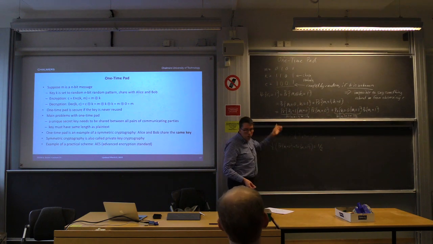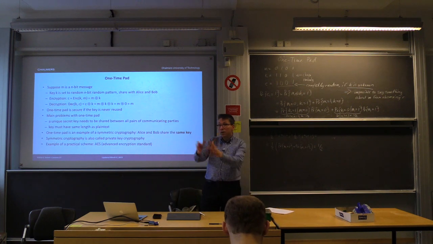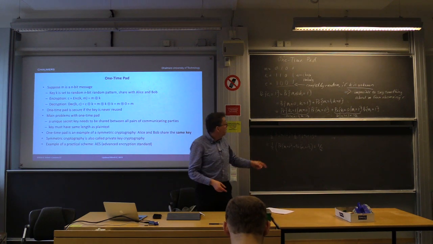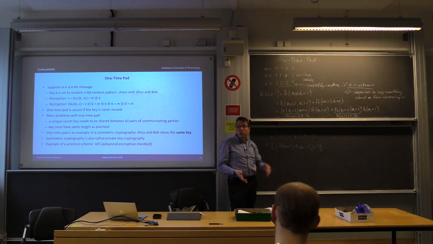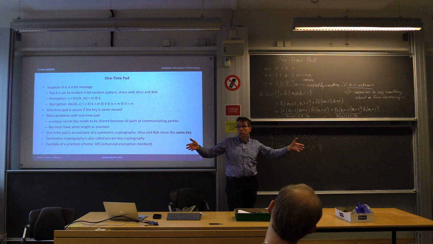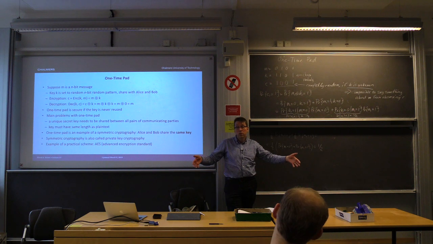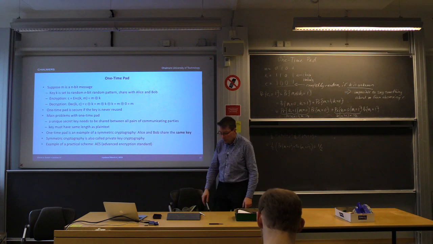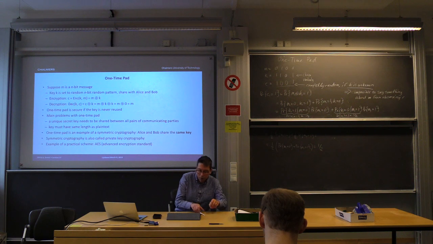Okay, so this one-time pad is very nice from this perspective, but then we also have this problem. We need a new key every time we need to encode a message. So suppose we have 2 gigabytes of data that we would like to encode, then we need 2 gigabytes of key to encode this. And how should we transfer the key between the recipients? Problem. So this is not used so much in practice.